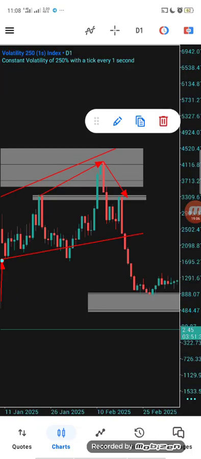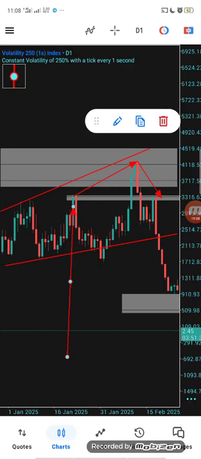This is called the Quasimodo: the left shoulder, the head, and the right shoulder. If you've been in the market long enough, through experience, you'll know this. And I'll teach you this for a very long time, until you grasp it. It's easy. It's just a matter of practice, patience, and being observant.